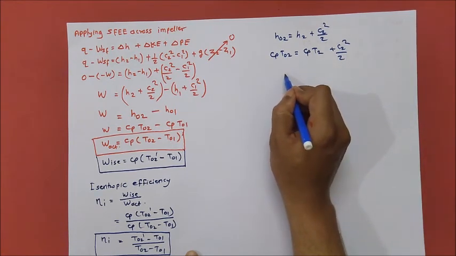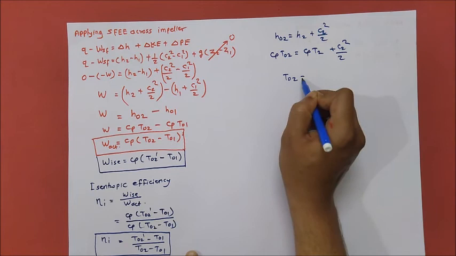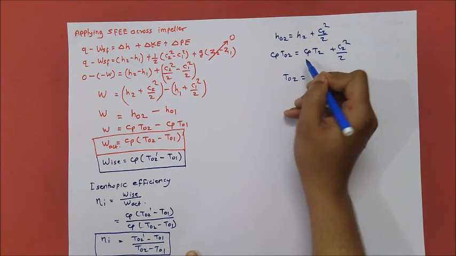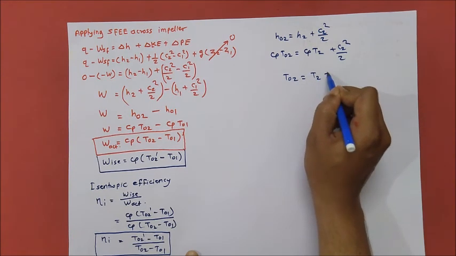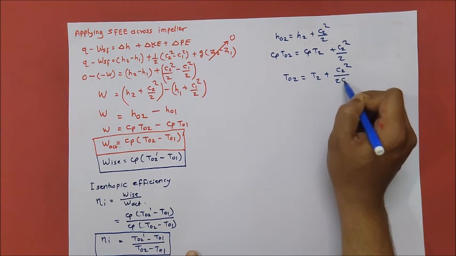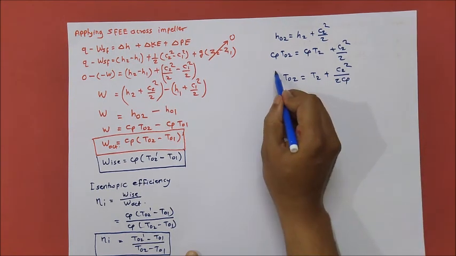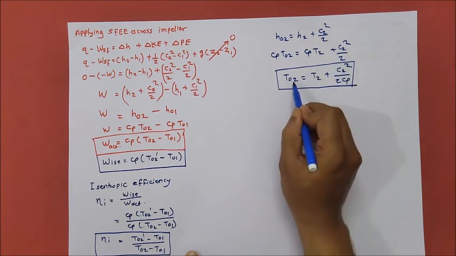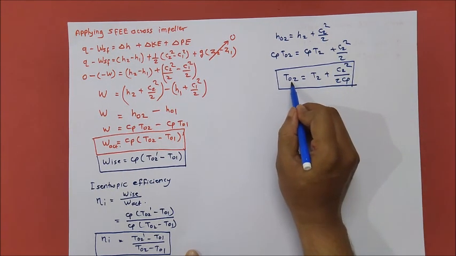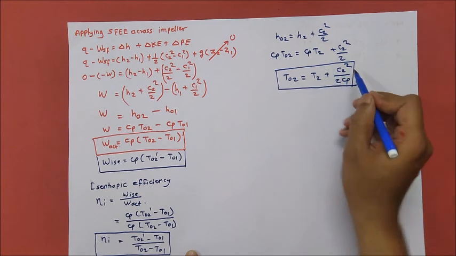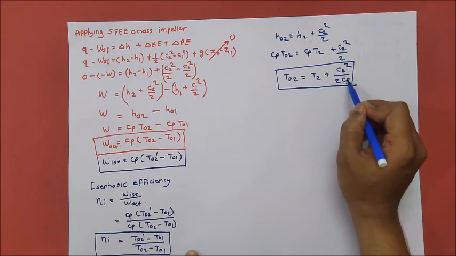On simplifying this, we divide left hand side and right hand side by Cp, so T02 is equal to T2 plus C2 square upon twice Cp. So from this formula it is clear that temperature at stagnation state 02, that is T02, is always greater than that of static temperature T2, by magnitude C2 square by 2 Cp.